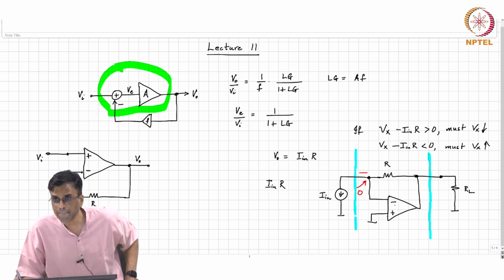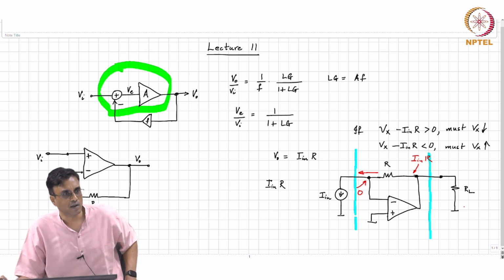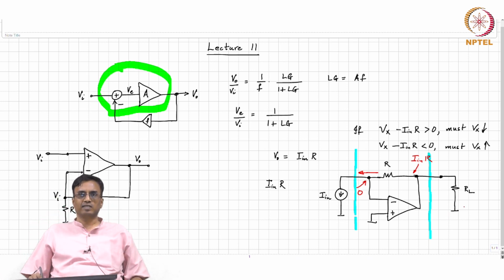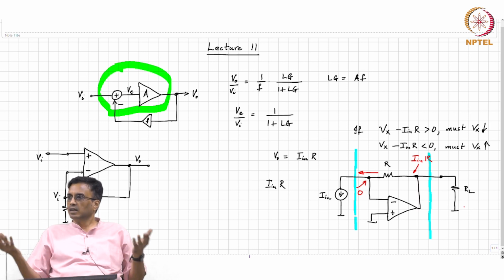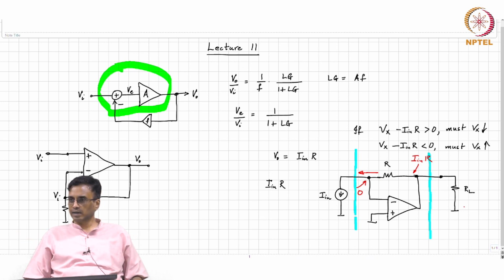Can it go into the op amp? No. So, it is all going through R. So, what is this voltage therefore? In times R irrespective of RL. Okay. So, therefore, since the output voltage is independent of the load resistance, it must follow that the output resistance is 0. Is that clear?